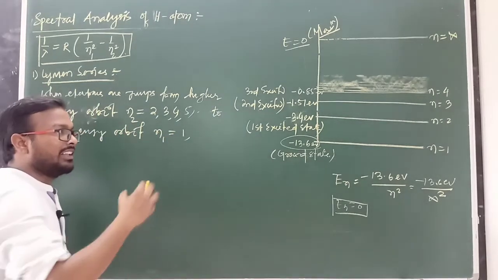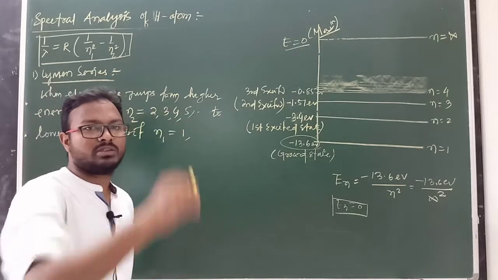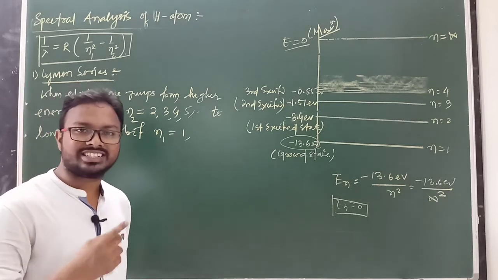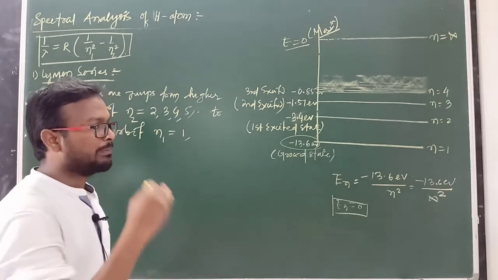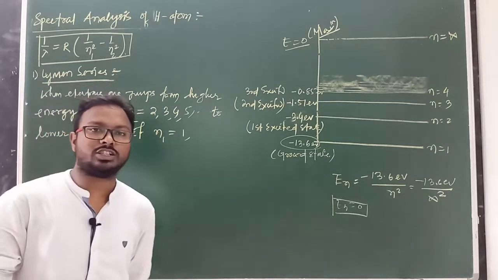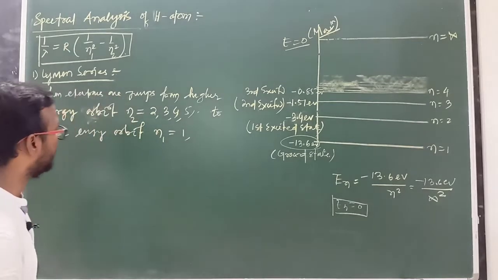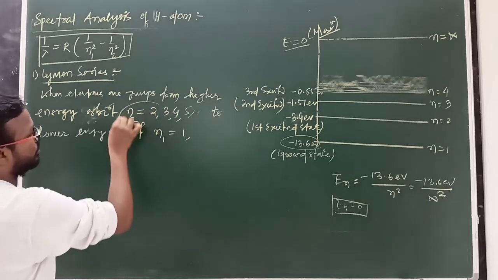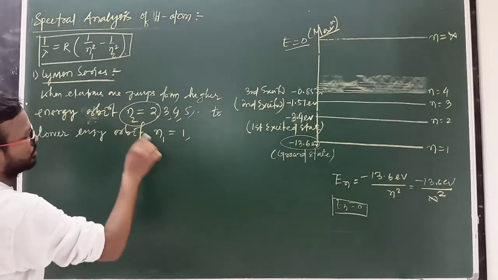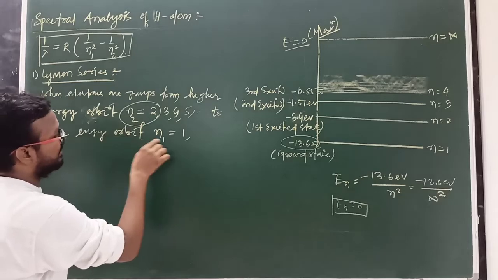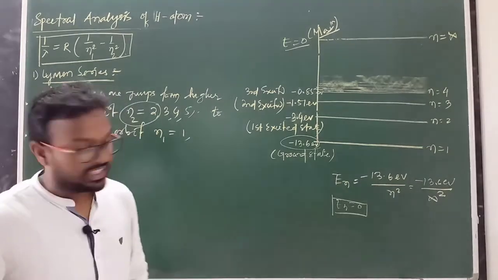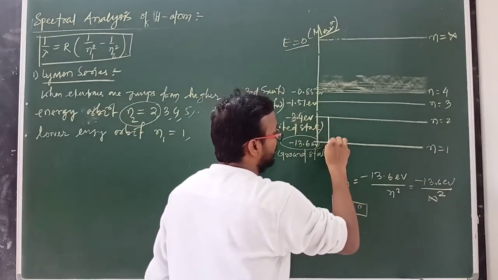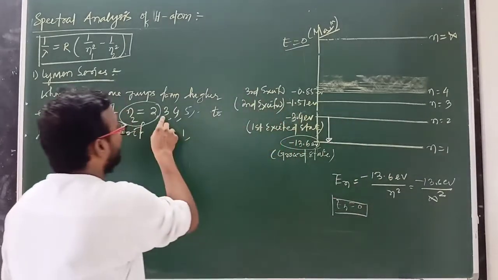At that time the electron releases some amount of energy, and that energy is E equal to h nu. But we have to find the frequency, or the wavelength, in terms of energy here. So I am writing here, when an electron jumps from a higher energy orbit n2 to a lower energy orbit n1, you can choose n2 equal to 3.